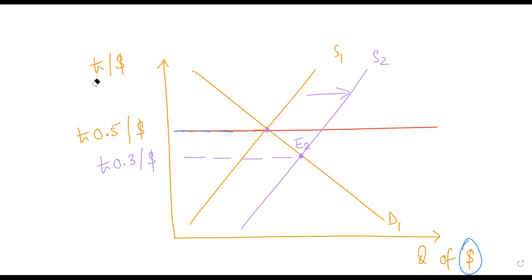Let's say the US is importing something from the UK, or more Americans are going to the UK for tourism, or more investment is being made from the USA to the UK, which means that the supply of dollars will increase, and so it shifts to the right. Now, with the supply of dollars shifting from S1 to S2, the new exchange rate is weaker than what the government wanted to maintain. Instead of 0.5 pounds for each dollar, now it's only 0.3 pounds for each dollar.